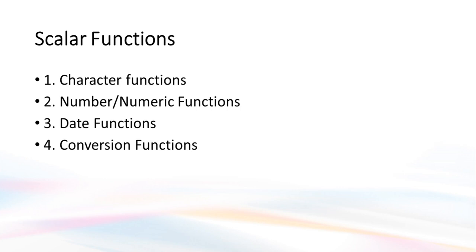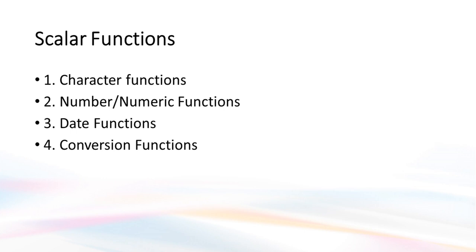So why are they called scalar functions? Because we can use these functions on a single row itself. But if we want to use group functions, we should have multiple rows. If we want to use a scalar function, at least one row is required.